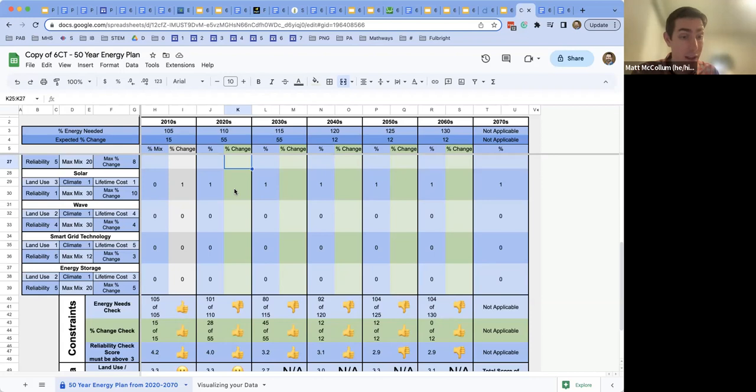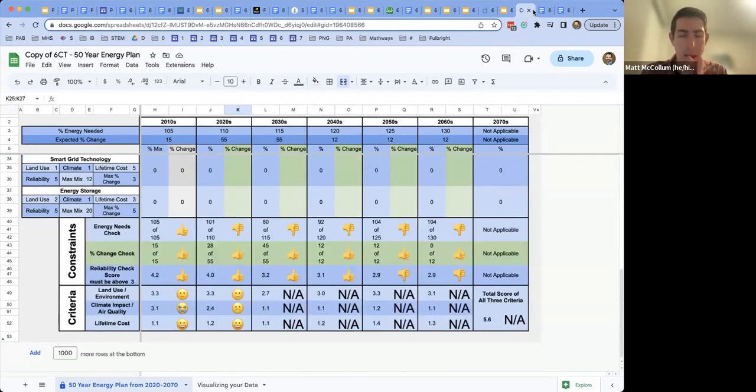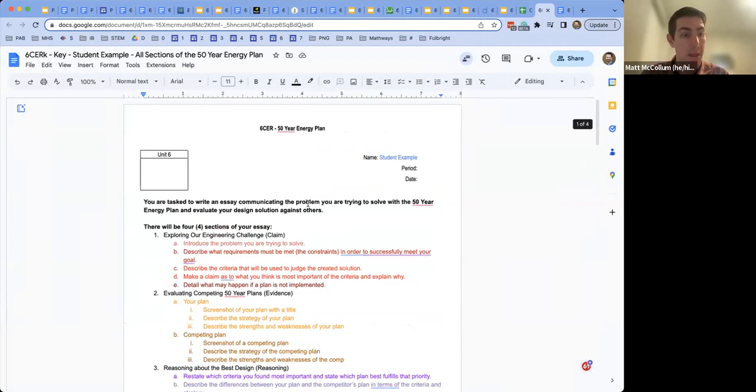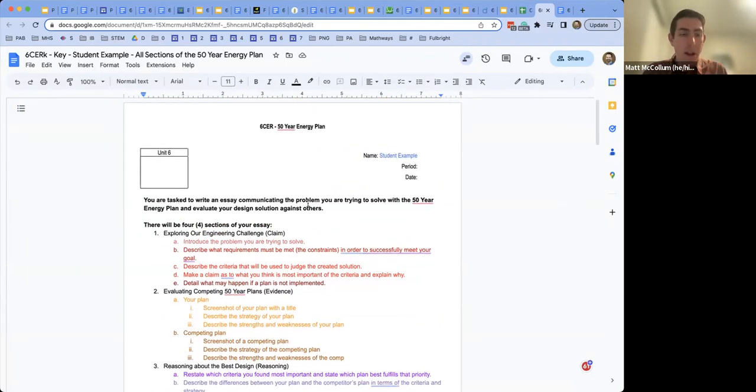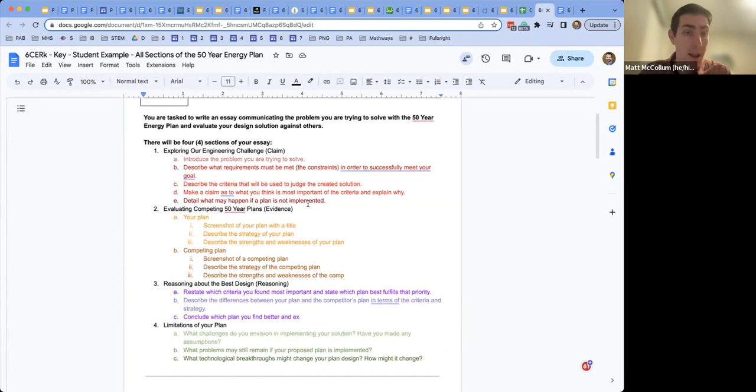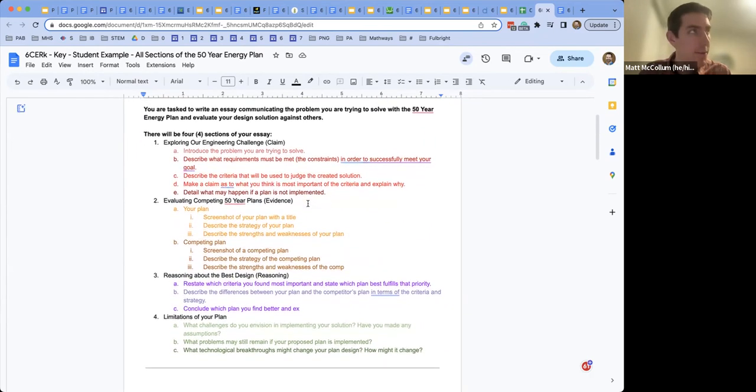Ultimately, in terms of the project, I think we do want to give you some time to work on this, but maybe let's talk about the end 5-paragraph essay and then come back. They're not graded on how good their plan is. They're graded on evaluating, and these all came out of the evidence statements from the NGSS. They're graded on how they can communicate their plan, a competitor's plan, and reasoning about the best design and thinking about limitations of their plan.